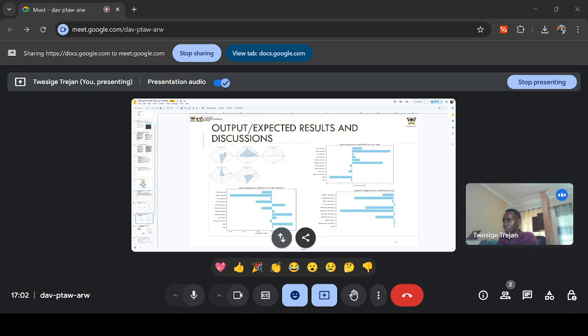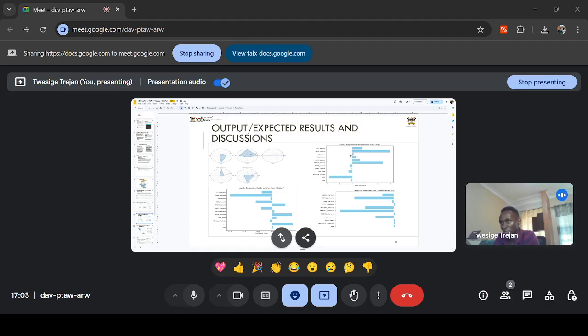So then, continuing with the outputs. If you look at this, we have the logistic regression coefficients for the different classes, and as we can see, the different variants and the coefficient values for the medium class.